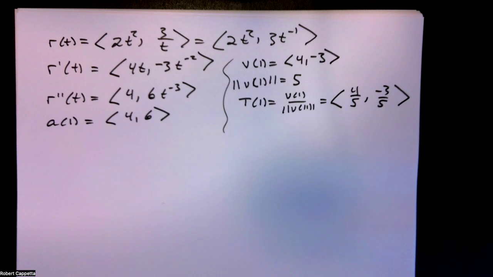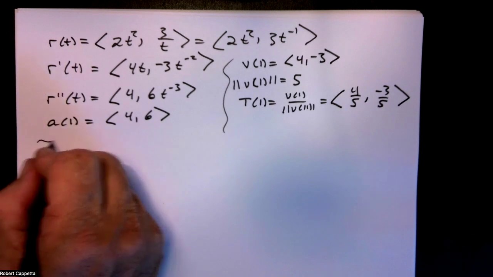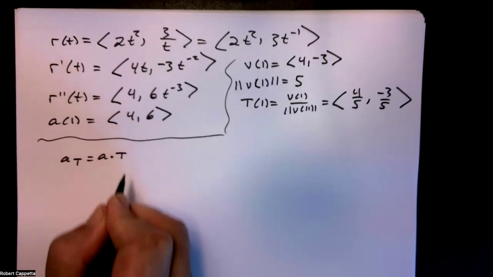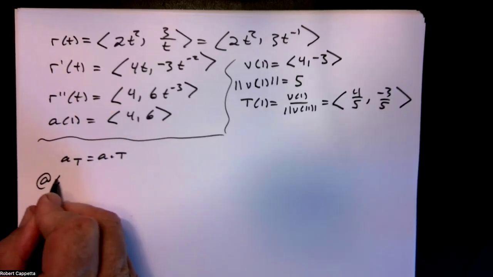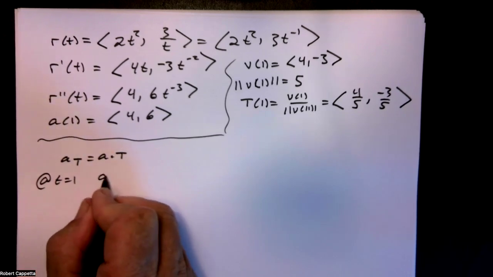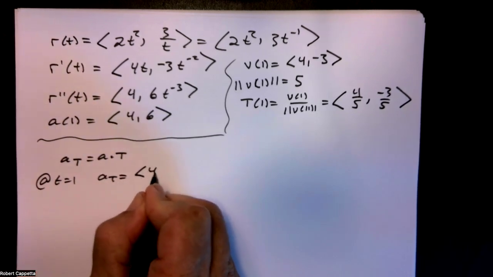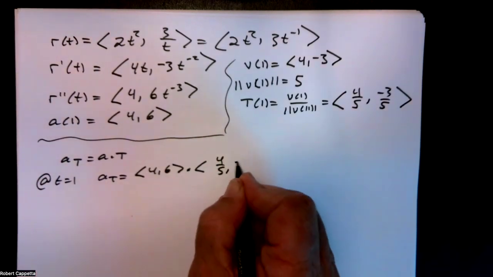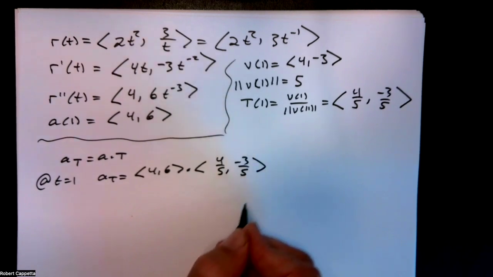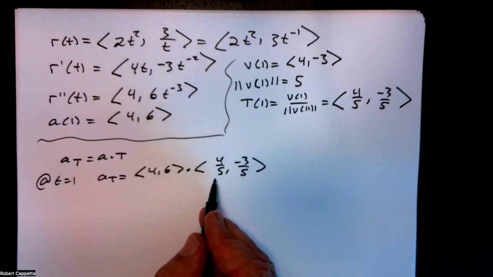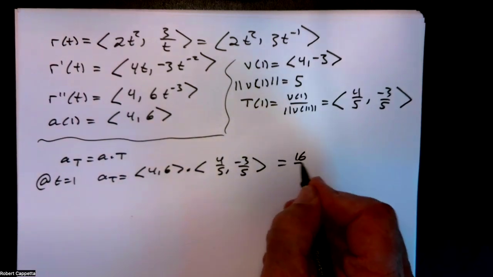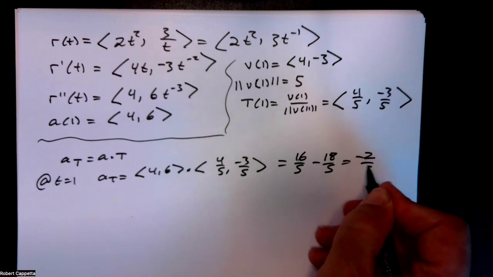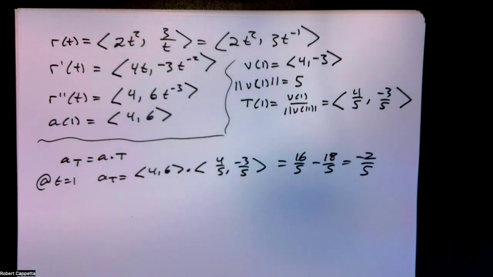Now, from this, we can certainly get a sub T. We recall that a sub T is a dot T. So at t equals 1, a sub T is going to equal a of 1, 4 comma 6, dot T of 1, 4/5, comma negative 3/5, which will give me 16/5 minus 18/5, which is negative 2/5. Well, that's good.